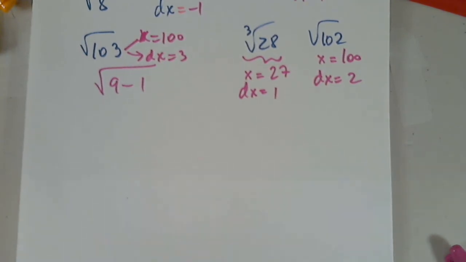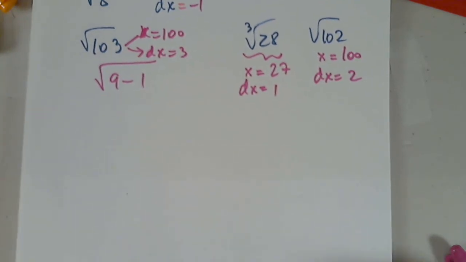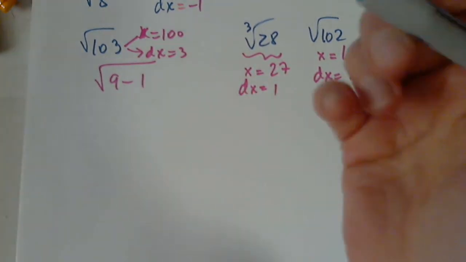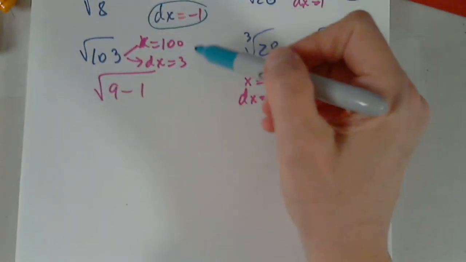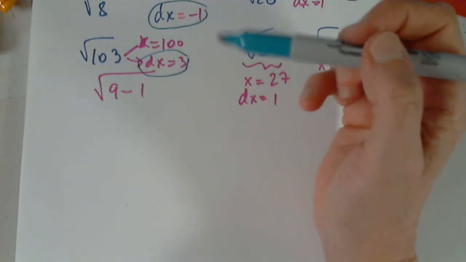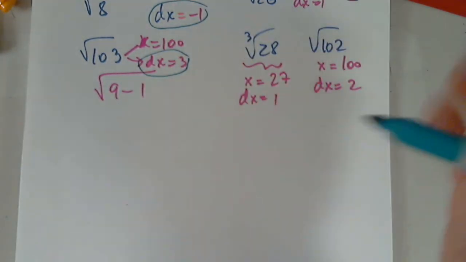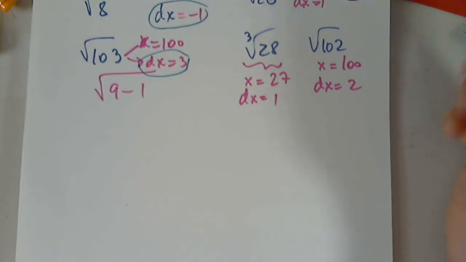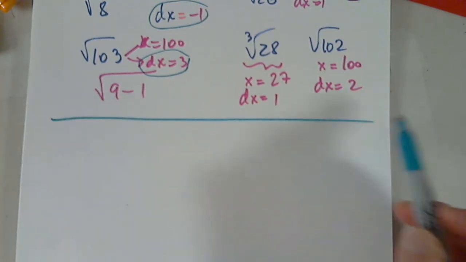It wasn't clear what I said. It appeared to me that it was clear, but I should have said it. Of course, dx has to be tiny. It can never be more than x, of course. It has to be 1, 2, 5, but definitely not more than x. Very good. Thank you for the question.